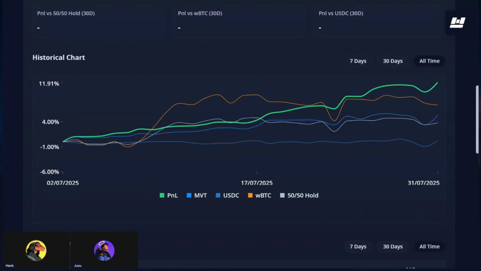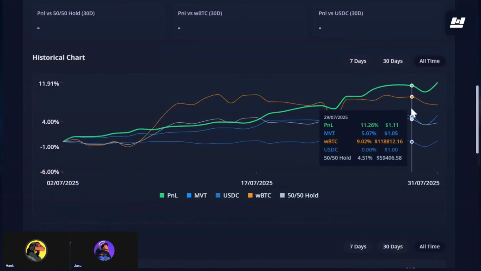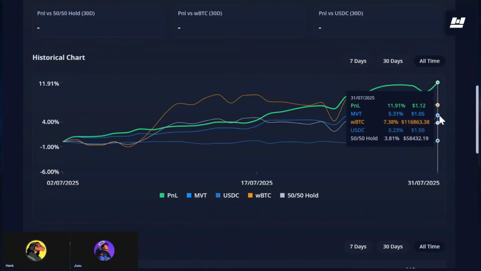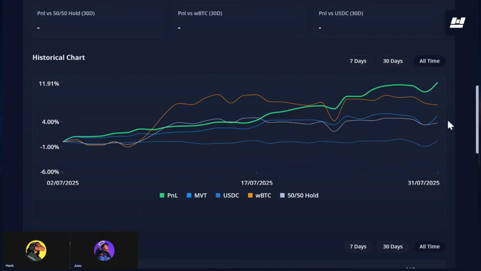Impermanent profit would be a good thing, and impermanent loss is the negative side of it. And you're paying operator fees in it. So all of this goes into the MVT token. And you can see this MVT token is outperforming the 50/50 hold. So if you had held just 50% Bitcoin and 50% USDC, the vault is outperforming that just from fees and how it's allocating and holding the liquidity.